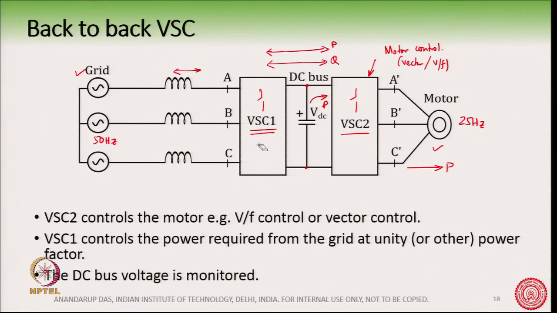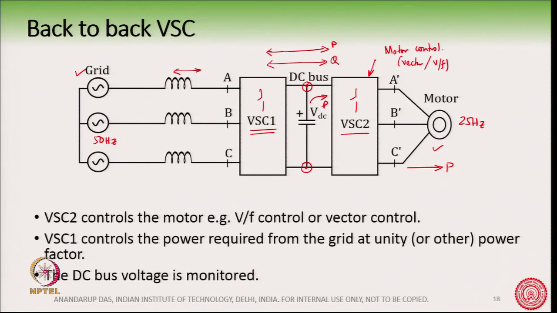So, suppose now we have VSC 1. VSC 1 can know how much power I need to give to VSC 2 by monitoring the DC bus. If it just monitors the DC bus, it will know how much active power it needs to send to VSC 2.